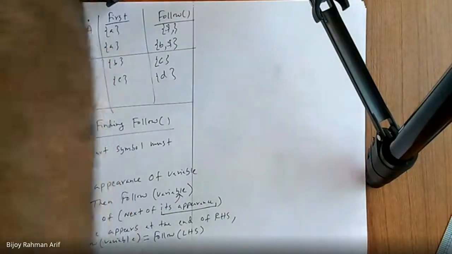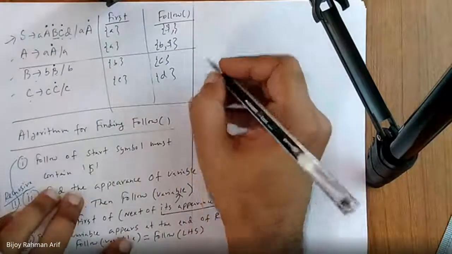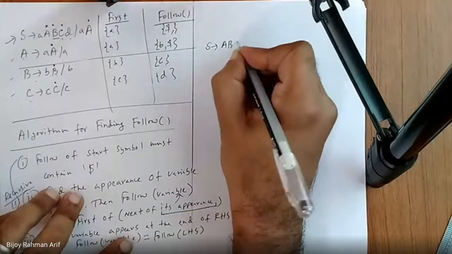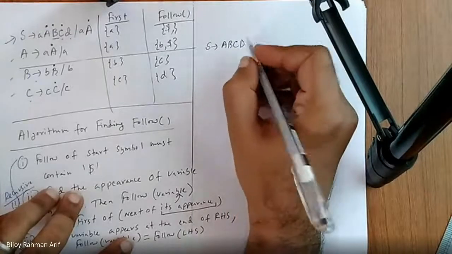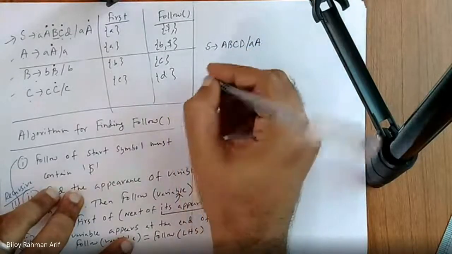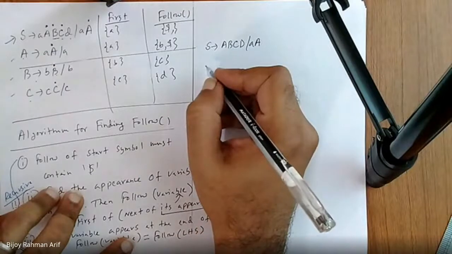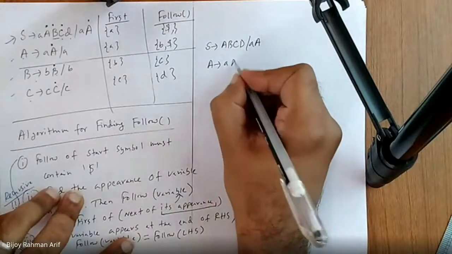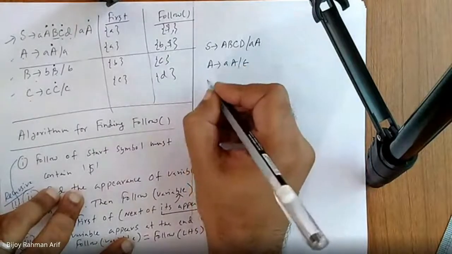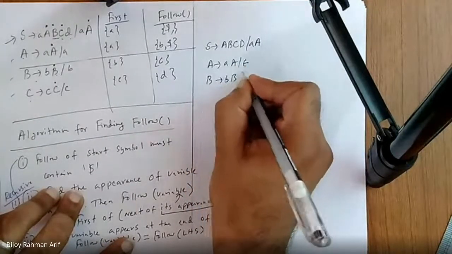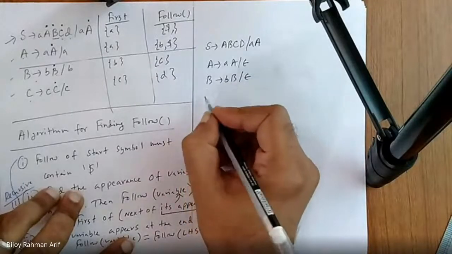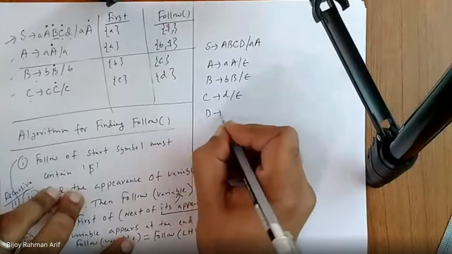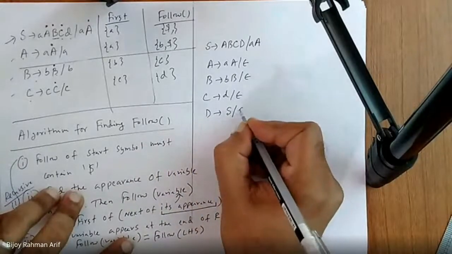What is the number 5 rule? S derives capital A, capital B, capital C, capital D, A. A derives small a, capital A or epsilon. B derives small b, capital B or epsilon. C derives D or epsilon, and D derives capital S or epsilon.